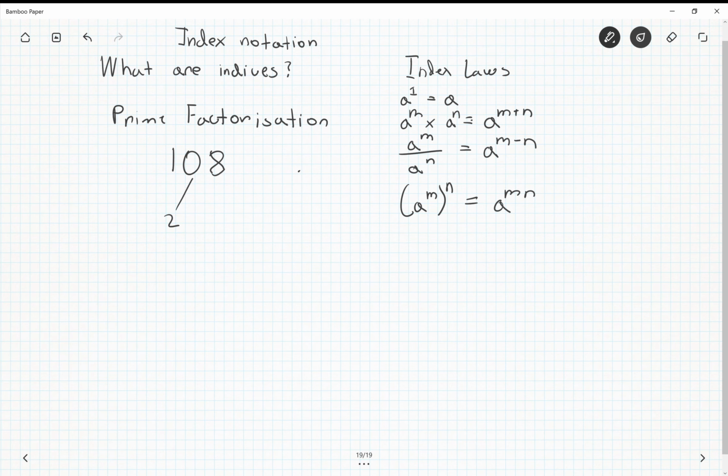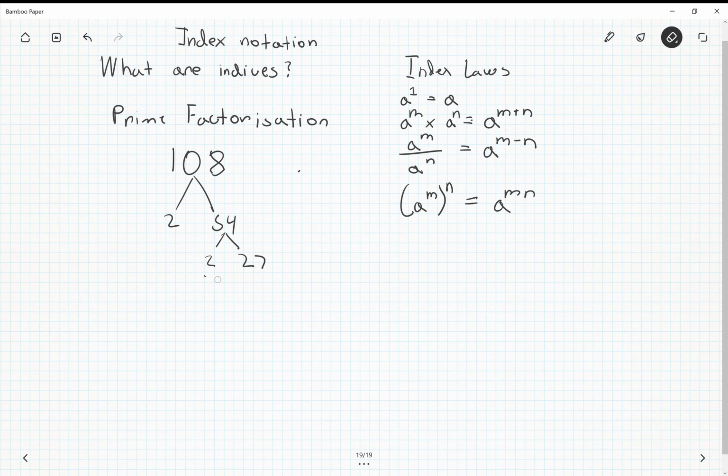So we have 2 here. 2 is a prime factor, so we already have that, and 54, because 2 times 54 gives 108. So we already have 2 as a prime factor, so we can't divide that anymore. So we have to see what answer we get for 54 when it's divided by 2. So we have 2 again and 27. So this 2 cannot be divided.